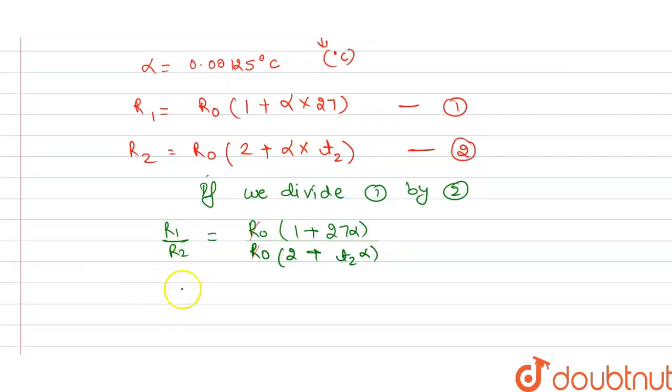So we have R1 divided by R2, where R1 is 1 ohm and R2 is 2 ohm.